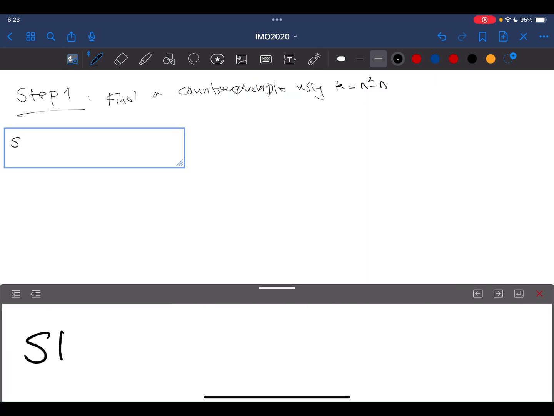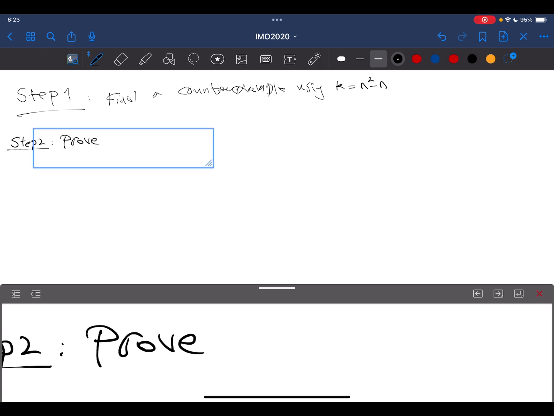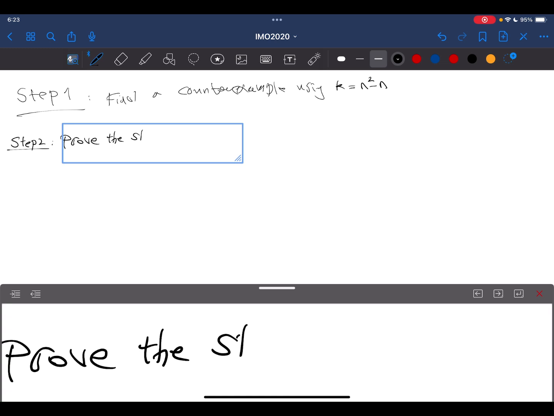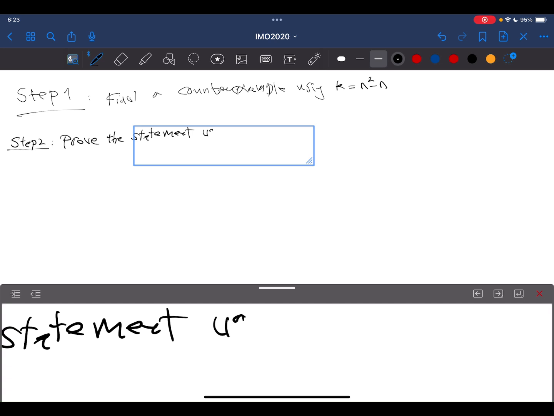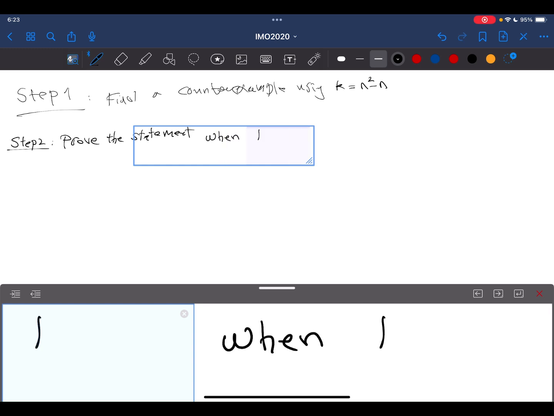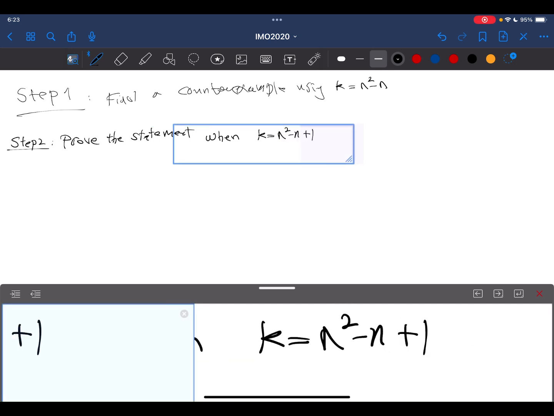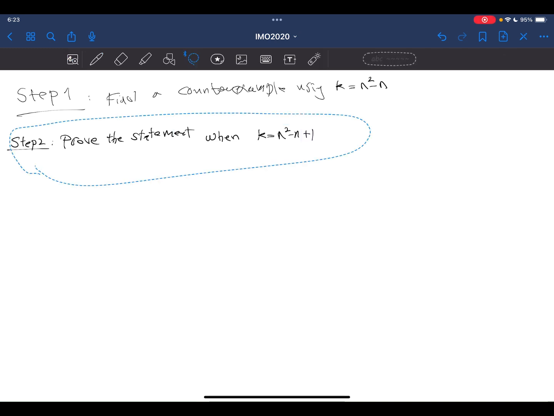Then step 2 is to prove the statement when K is n squared minus n plus 1. Of course, if you have more cable cars, then the better, right? But the smallest value is n squared minus n plus 1. Okay, so let's do the first step first.